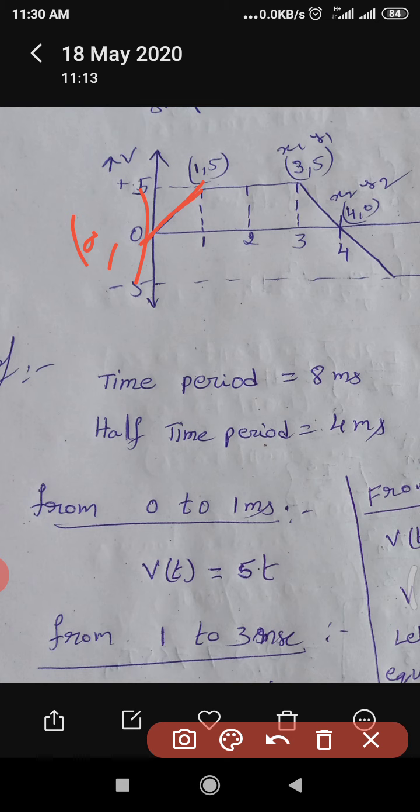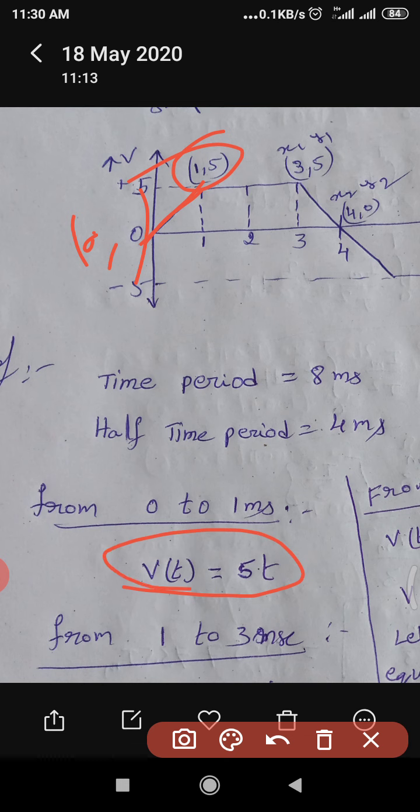So how can we calculate this? By using the straight line equation, y is equal to mx plus c. Here y is equal to v of t and x is equal to t. Here the 2 points are 0 comma 0 and 1 comma 5. If we substitute these values, we can find the value of m, y2 minus y1 by x2 minus x1, and here we get 5t. This is the equation for 0 to 1.